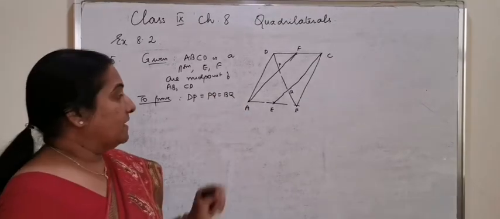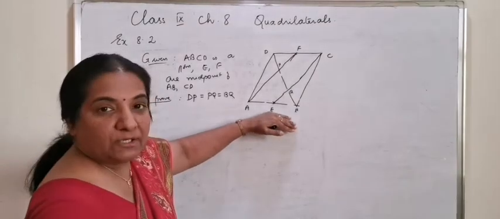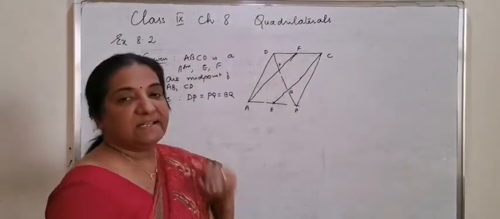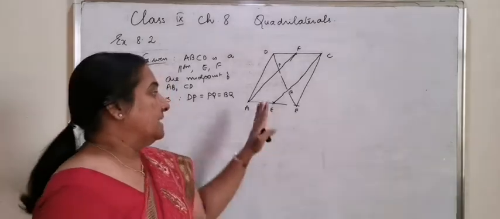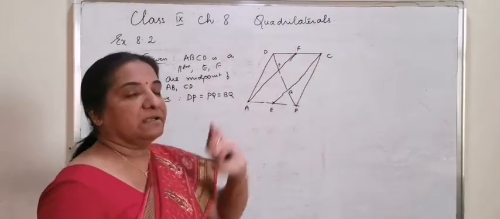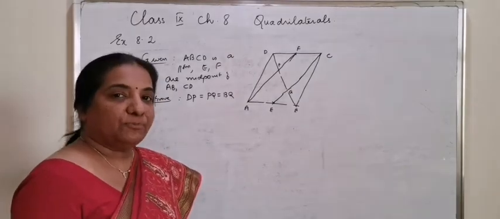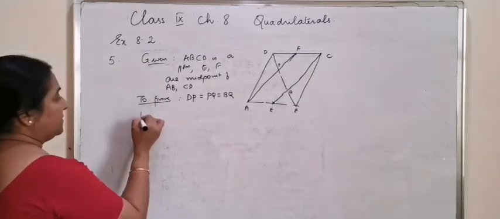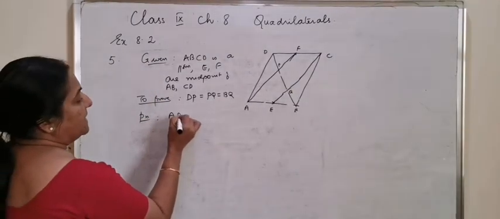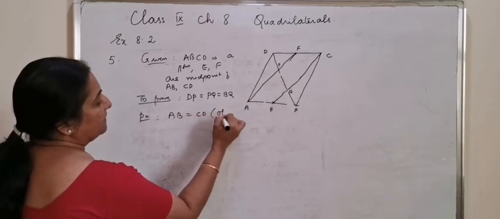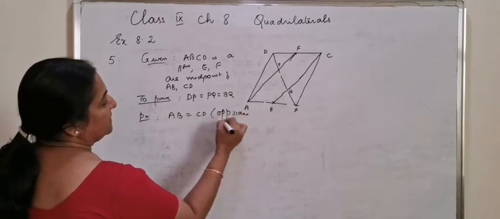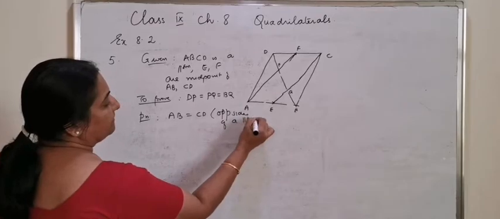Now in a parallelogram, opposite sides are equal and they have given that E and F are the midpoints of AB and CD. So we will be starting the proof with that concept. Proof: AB is equal to CD, opposite sides of a parallelogram.